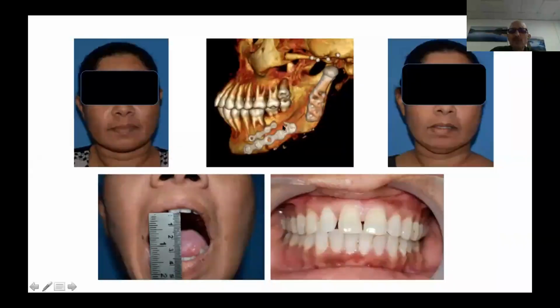So this is the patient with the implant in place, and see the extremely good mouth opening and totally normal occlusion in this patient. So this is one way of dealing with the situation in which the condyle is going. We can have the ready-made joint.